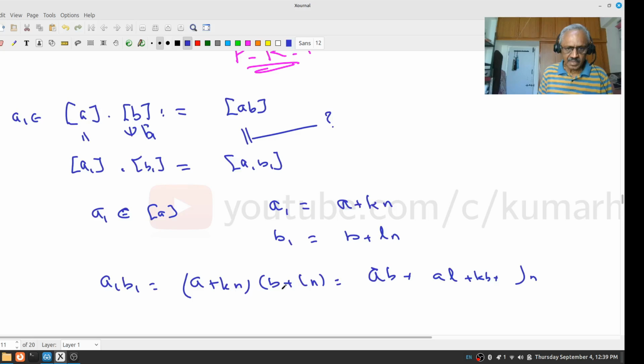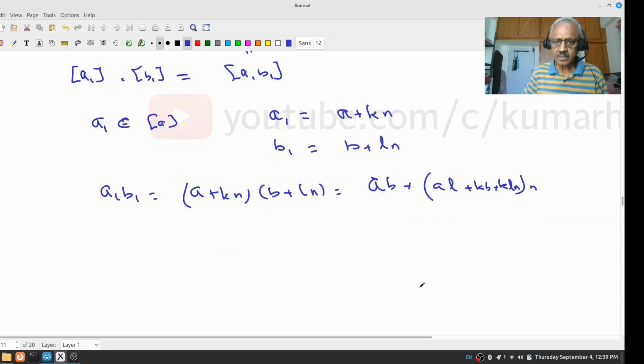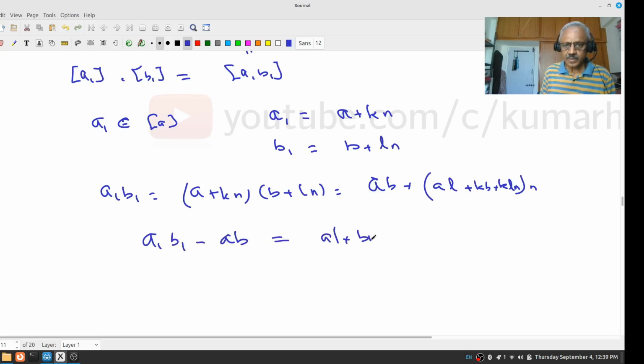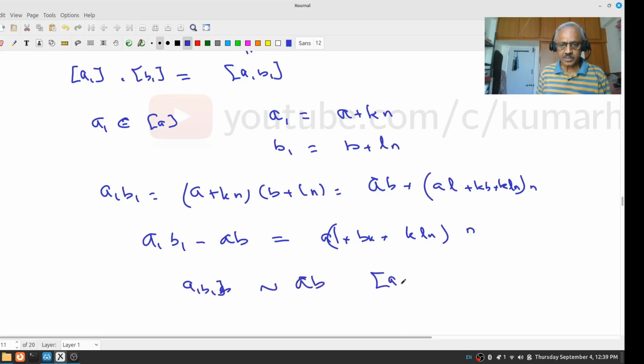The n is common. You understood that? Therefore A1 B1 minus AB is (AL plus BK plus KLn) times n. Therefore A1 B1 is related to AB. That means the equivalence class of A1 B1 is the same as the equivalence class of AB.